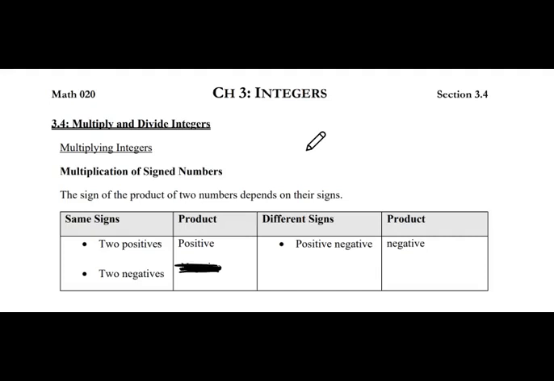Either way, it's 2 different signs. So if your numbers have the same signs, 2 positives or 2 negatives, the answer is going to be positive. When your numbers have different signs, the product, the answer is going to be negative.